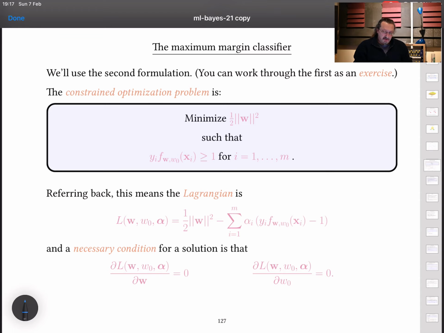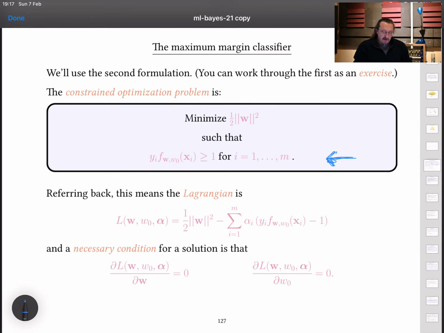I've summarized here what the second formulation is. Okay, minimize essentially just the length of the weight vector such that for each of the training examples you get this inequality constraint, saying that it's on the right side of the decision boundary and it's a specified distance away at least.